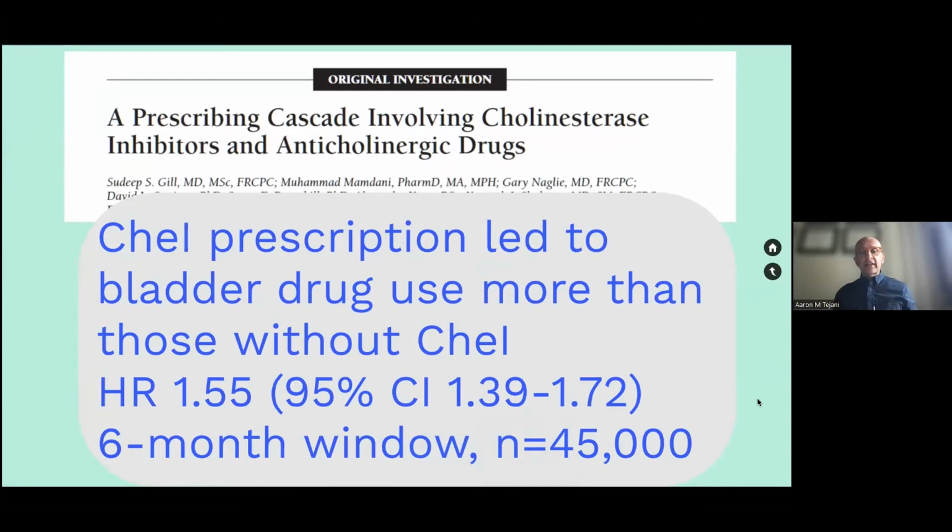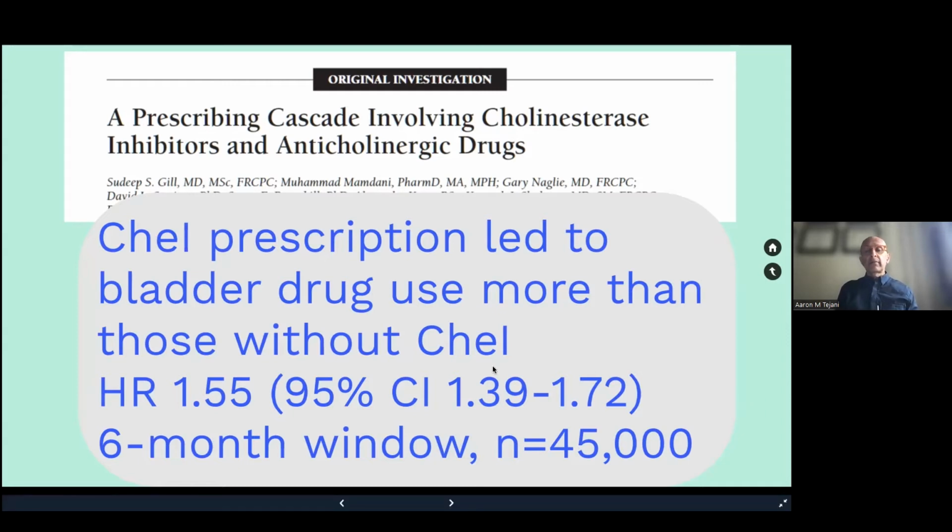Now, they extended their window to 6 months, and they looked at a fairly large sample of 45,000 patients, again suggesting that maybe part of the issue is the separation between the incident drug and when toxicity manifests. So something to keep in mind for the small number of patients that may be on a cholinesterase inhibitor.